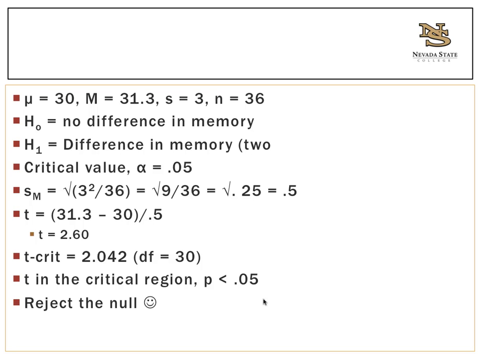So law of large numbers, we want bigger samples, there's less error, there's less of a chance that we'll have an extreme score pulling our means one way or another. It just makes everything much more stable. Okay, so that's why these bigger sample sizes lead to smaller estimated standard errors and a higher probability of getting a significant effect. So the less error, the better, because that means our difference is more likely to be significant, if there is a significant difference.